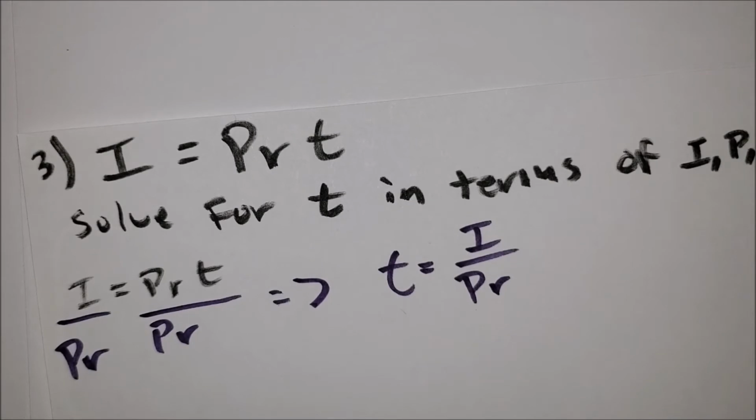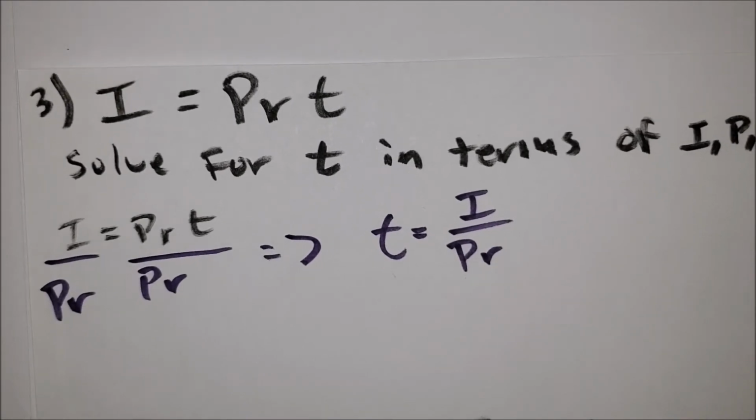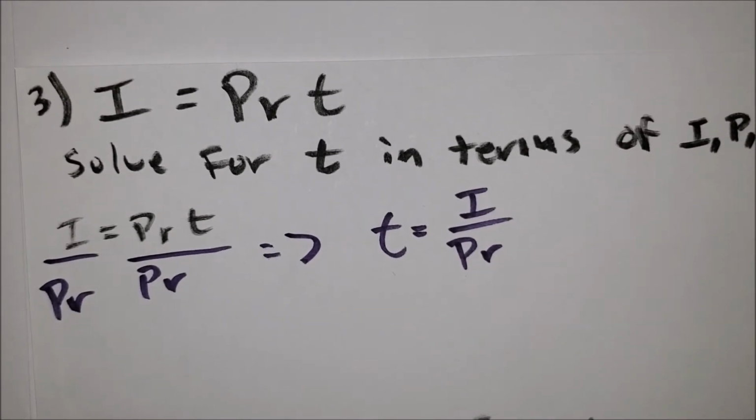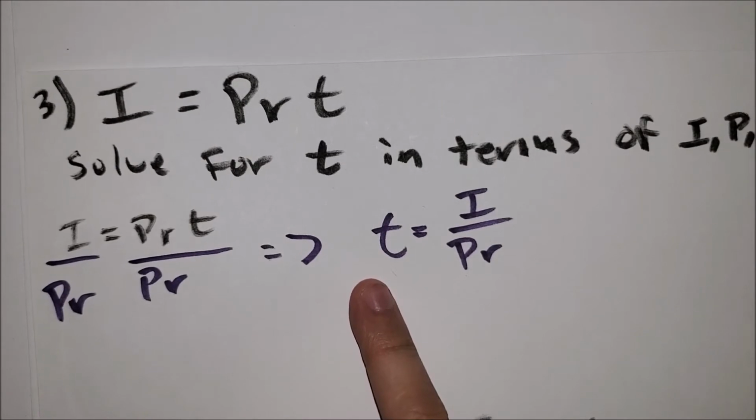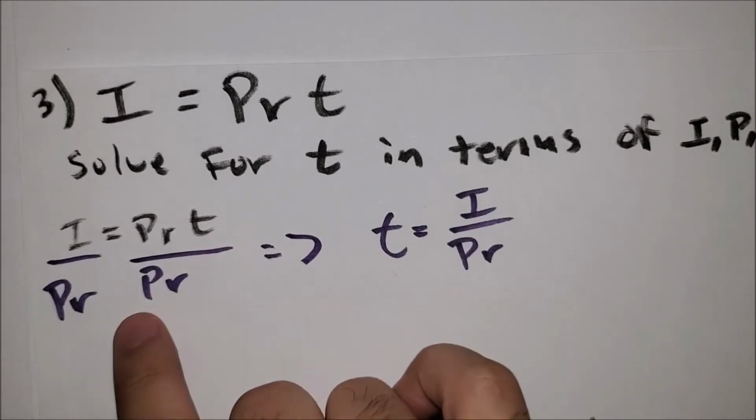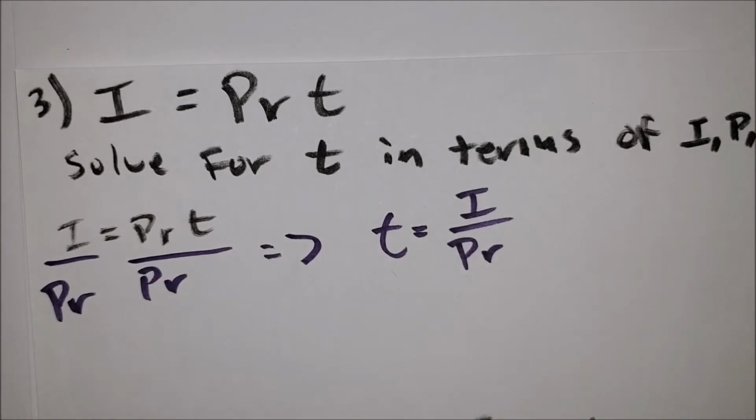Now, you do the same process depending on what variable you're trying to solve for. If you wanted to solve for P instead of T, you would have divided out T and R instead of P and R. Similarly, if you wanted to get R, you would have divided out P and T and left the R alone.